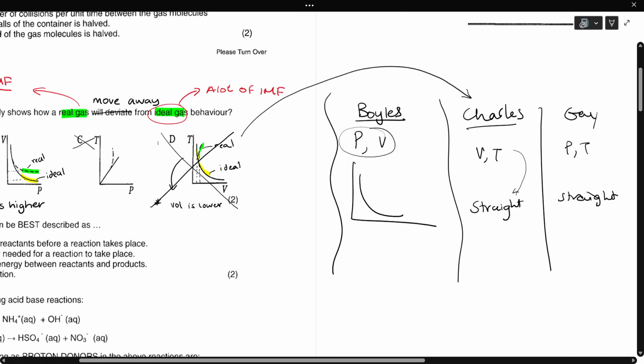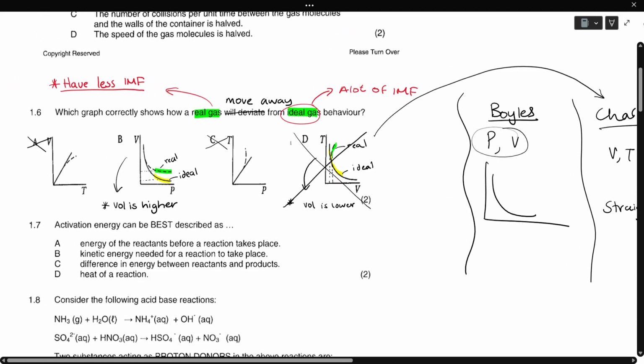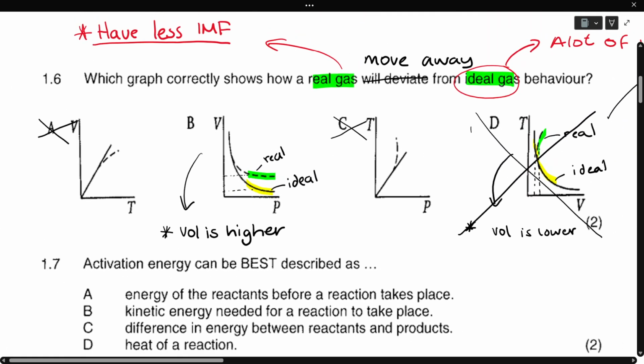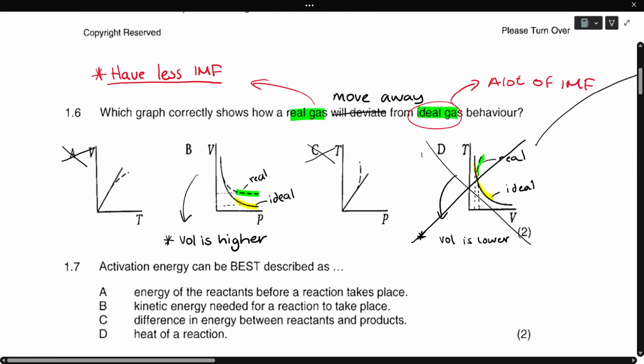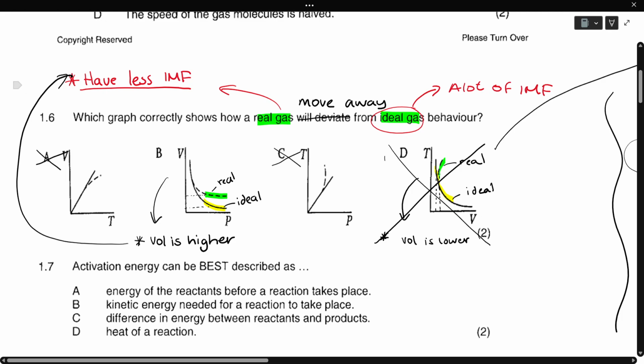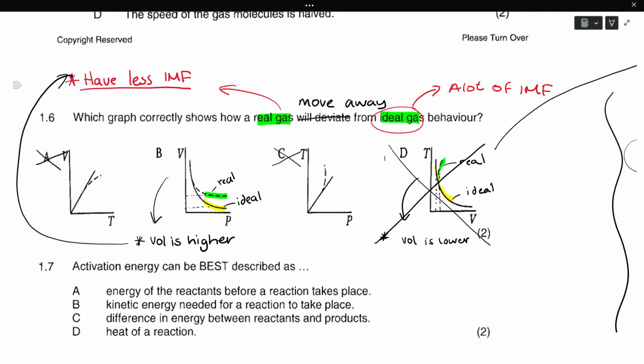The reason I scratched out C is, again, this is the Gay-Lussac graph. So what we're doing here is we're looking at graph B, and we're looking at the volume being higher. But the whole point of this is we need to relate it back to this condition here. Is it indeed going to have less intermolecular forces? So you have to think about that in your head.